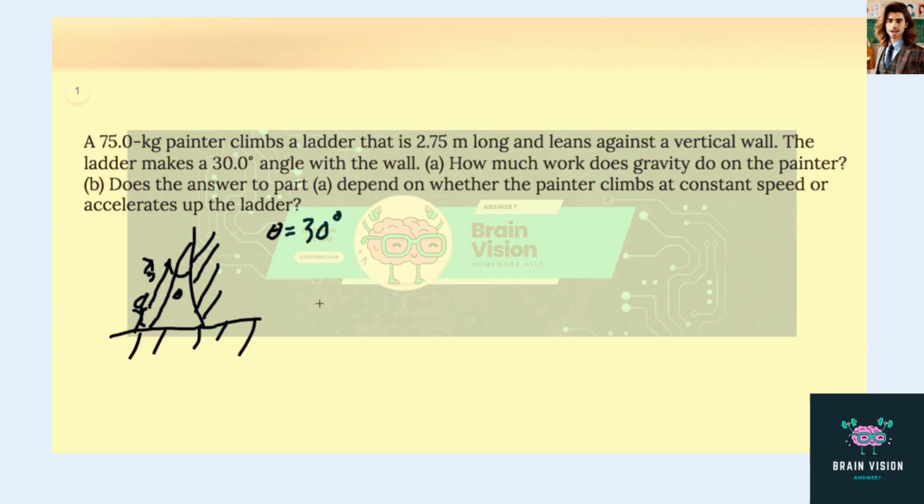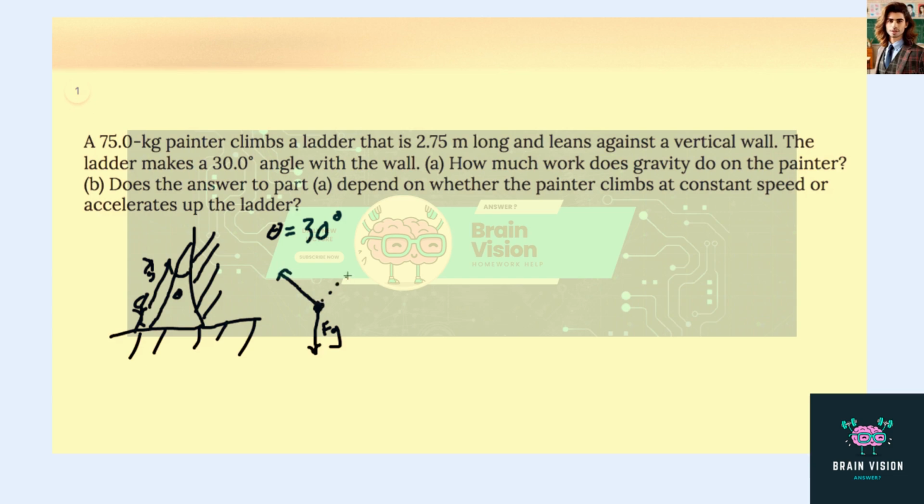And if we draw out the force diagram of our painter here, as he's going up the ladder, he's going to have a gravitational force pointed downwards and a normal force which will be perpendicular to the ladder here.